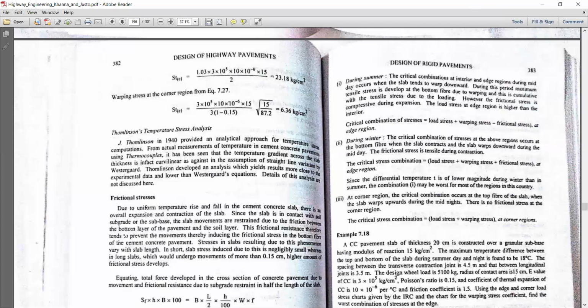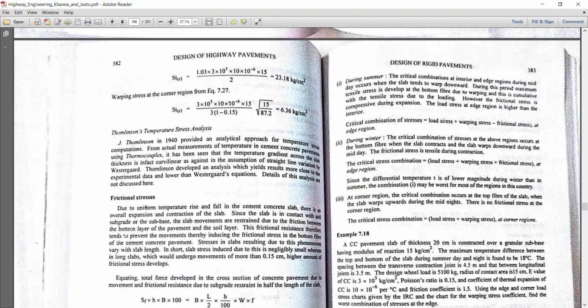During this period, maximum tensile stress is developed at the bottom fiber due to warping, and this is cumulative with the tensile stress due to loading. As there is a maximum temperature at midday and the slab is tending to warp downward, this causes tensile stresses at the bottom fiber or bottom layer of the slab.